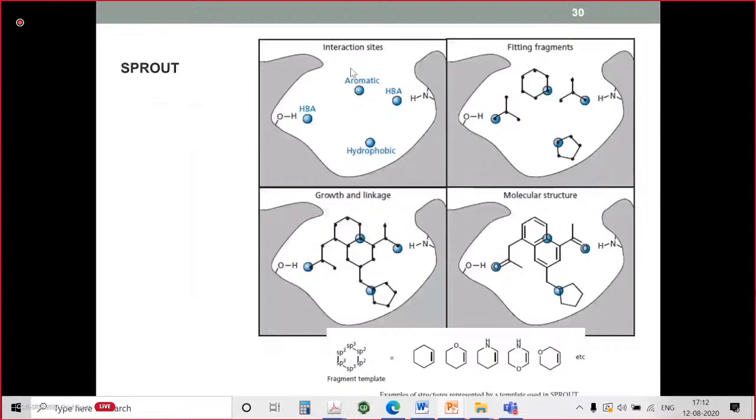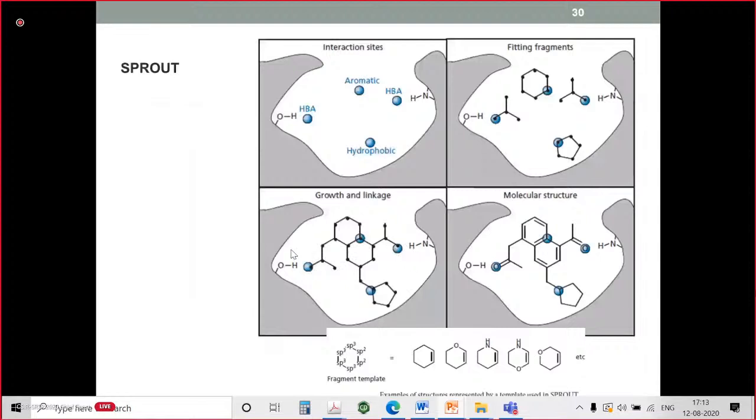So same, if here we find aromatic, like hydrophobic interaction or van der Waals interactions, then we will be putting the aromatic type of connectivity, not exactly the benzene ring. Okay, initially atom spheres are being added. So all of these later on are transformed into the skeleton. The skeleton has the possible connections of the atoms, and those atoms are specified.